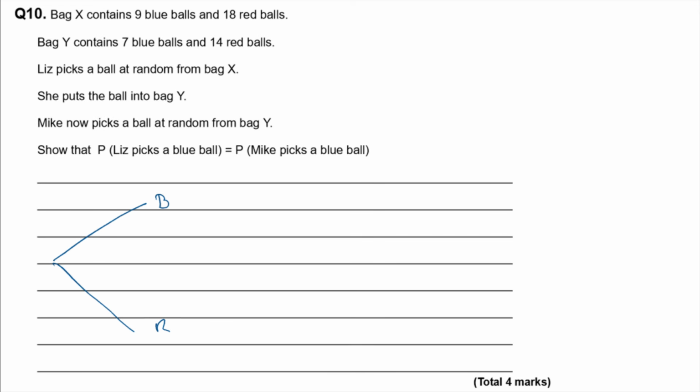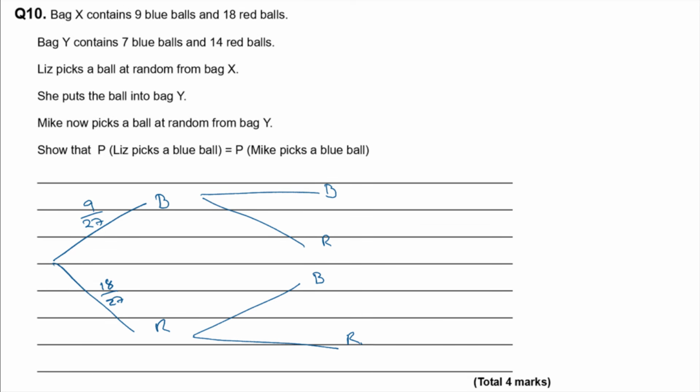There are 9 blue balls. There are a total of 9 plus 18, that's 27 balls. So 9 in 27 of getting a blue one, and then I guess that's 18 out of 27 for getting a red one. Okay. Now on the second selection, it depends on what happens the first time, doesn't it? Because I'll just write blue, red along there.